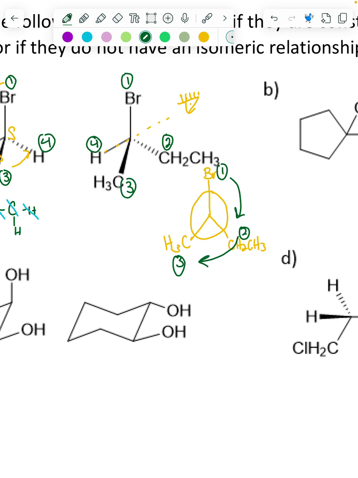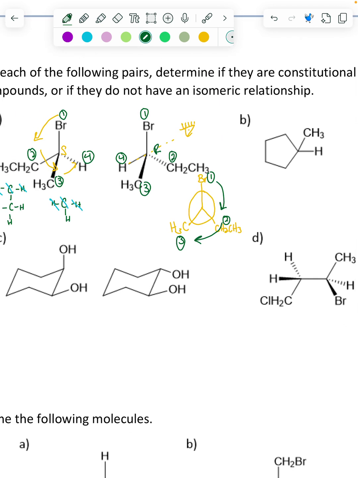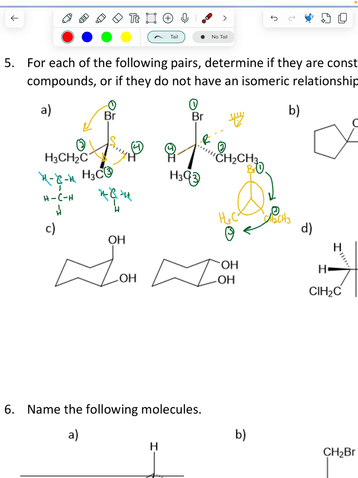And then if we go in the direction that the priority groups are going, from most priority to least priority, it's clockwise, which is R. So now we know that this molecule is R and this is S, which means they are opposite, which means that they are mirror images, which means that they are enantiomers.